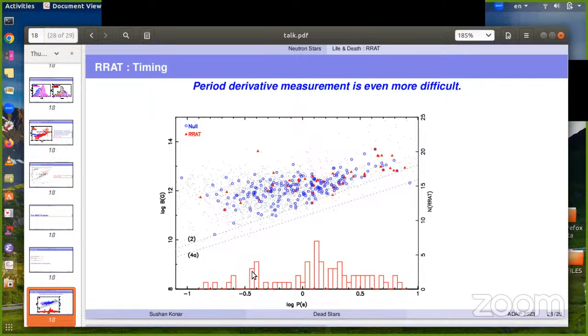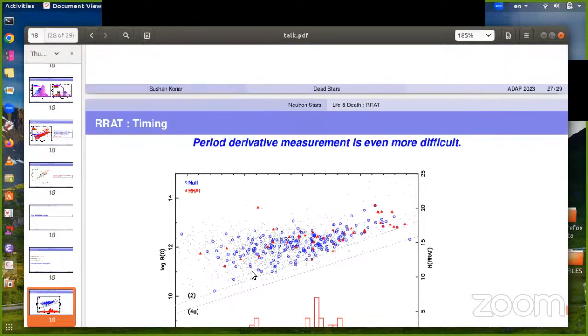So what is the difference? For radio pulsars, we have seen that the emission is coming from the magnetic dipolar radiation and the energy is coming at the cost of the rotational energy. What are magnetars? In common parlance, many people define magnetars as having very large magnetic field.